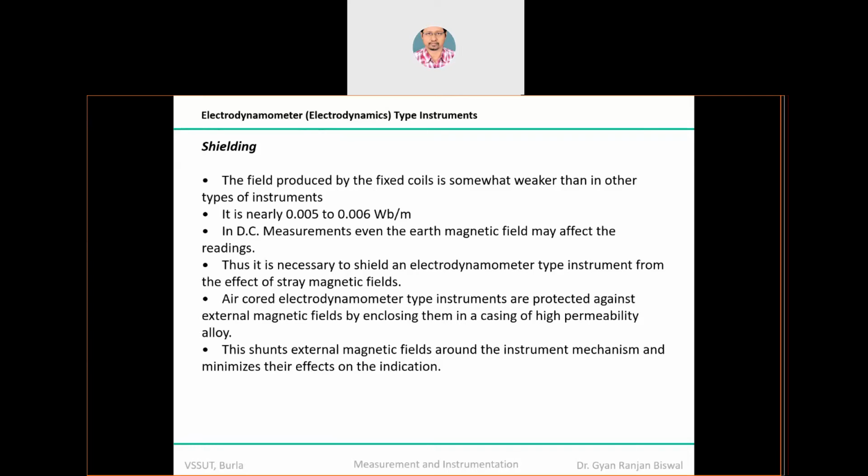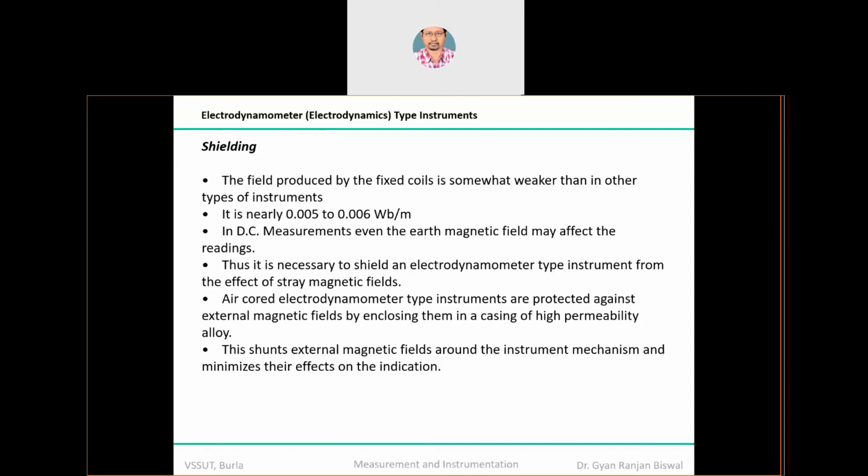Therefore it is necessary to shield electrodynamometer type instruments to protect them from any possible effect of stray magnetic fields, that means the nearby surrounding magnetic field. Air cooled electrodynamometer type instruments are also protected against the external magnetic field by enclosing them in a casing. And what kind of casing are you going to use?